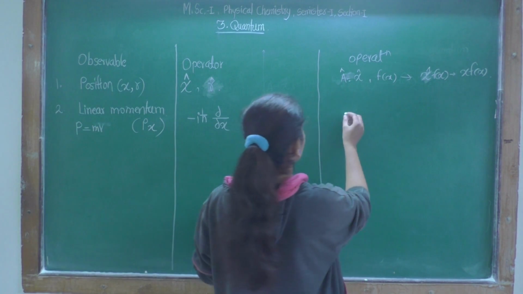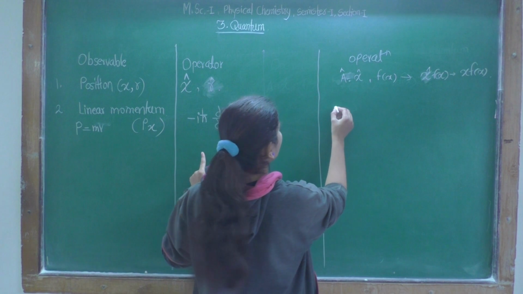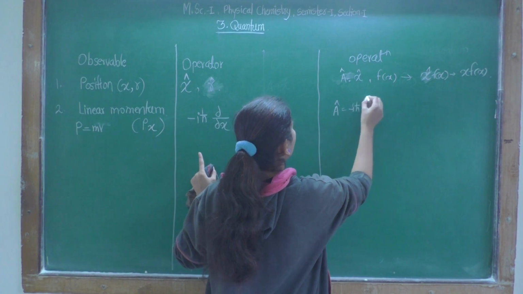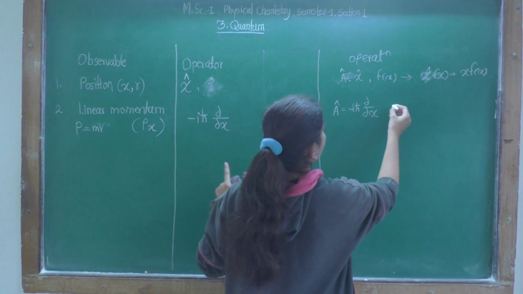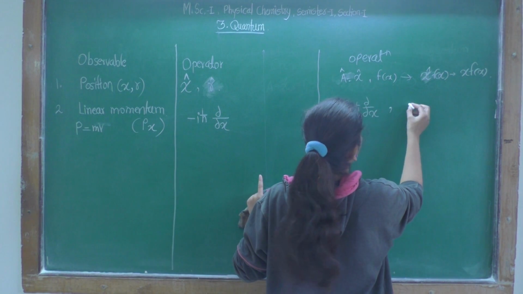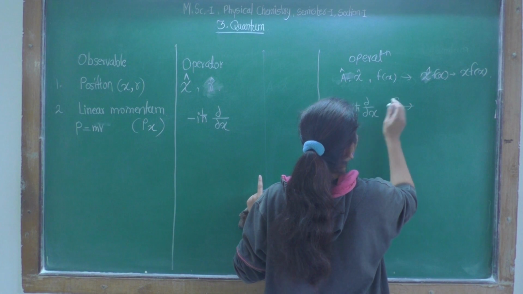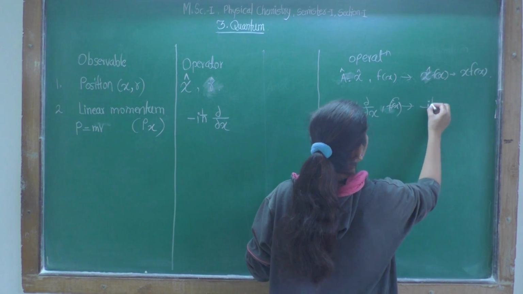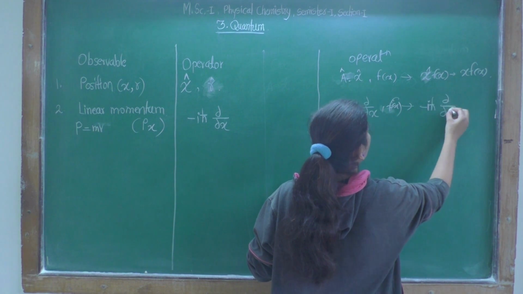And what is the operation? If A is minus i h cross del by del x and the function is again f of x, then the operation is minus i h cross times the derivative of that function.